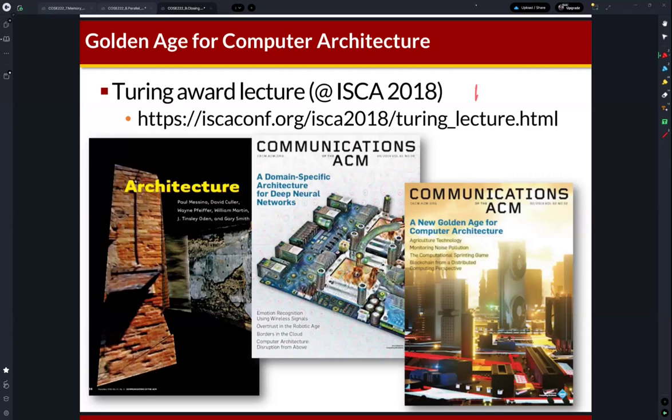Computer architecture is the fundamental part of computer systems. As I mentioned, software runs in a virtual world. We learned about virtual memory, right? Software applications run in a fake, virtual world. But computer architecture is the interface between software and hardware.